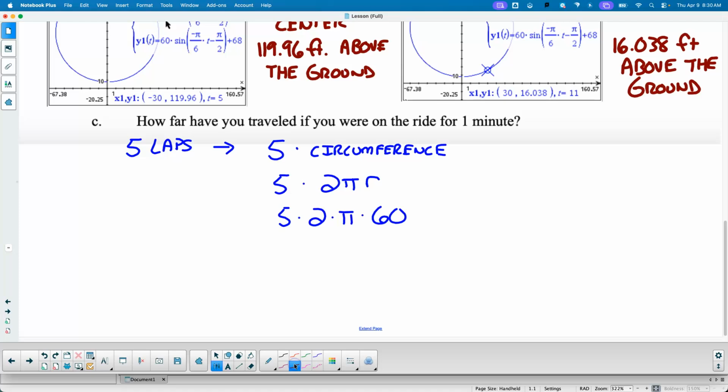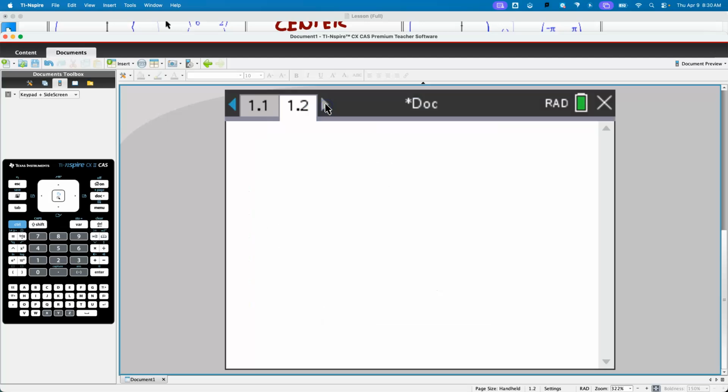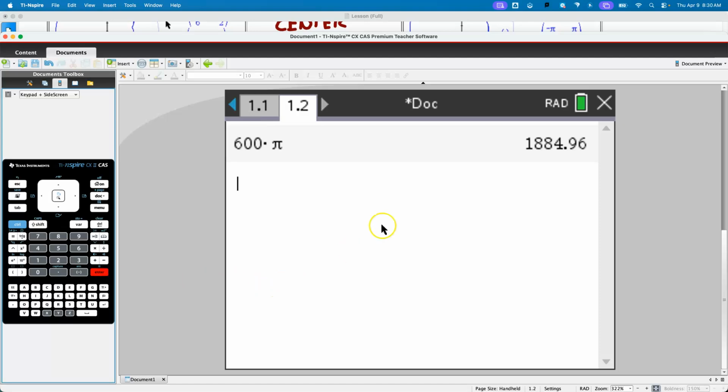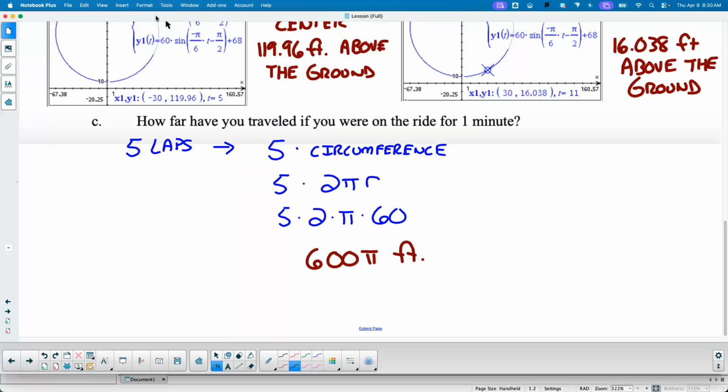So we ended up going 600 pi feet, or approximately 1,884.956 feet. Okay?